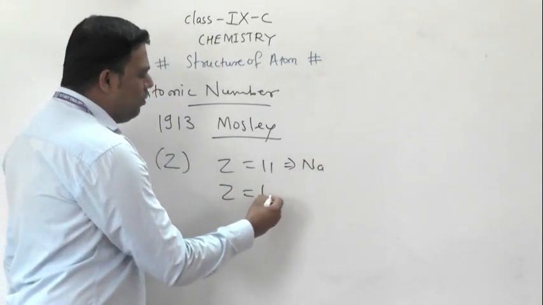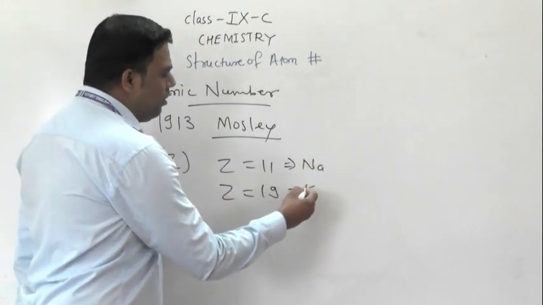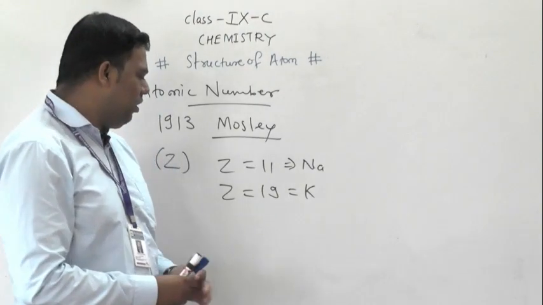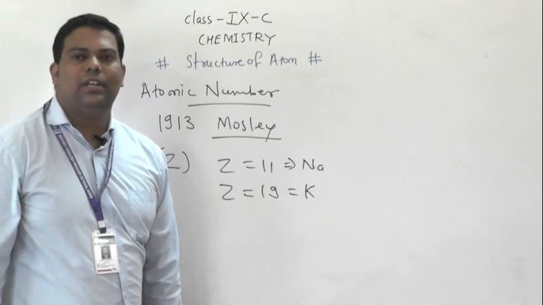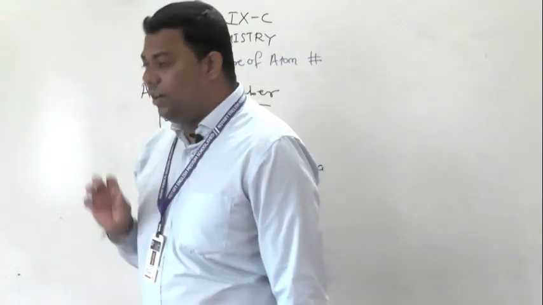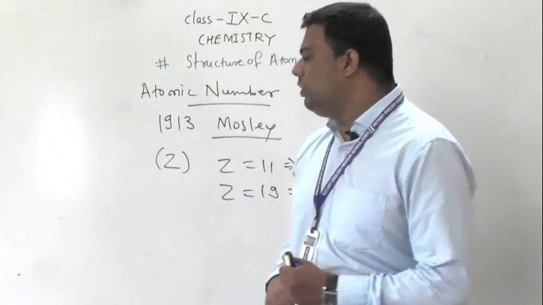Z equal to 19 means potassium. So basically these are the representation of atomic number.